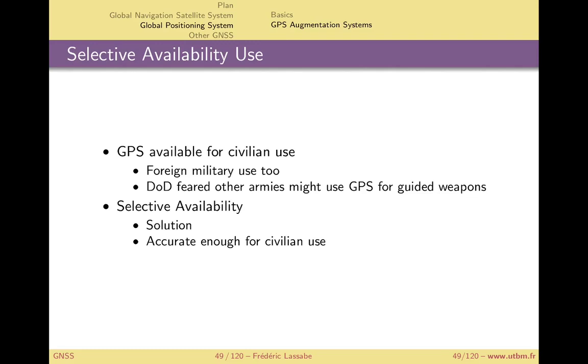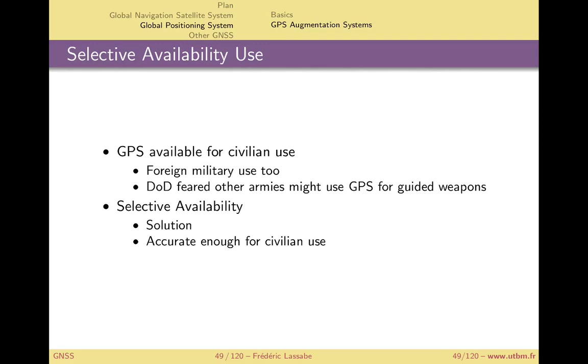So the selective availability removed some of the time information from the frames for the civilian use. So it was less precise for the propagation time, therefore less precise for the overall system accuracy.